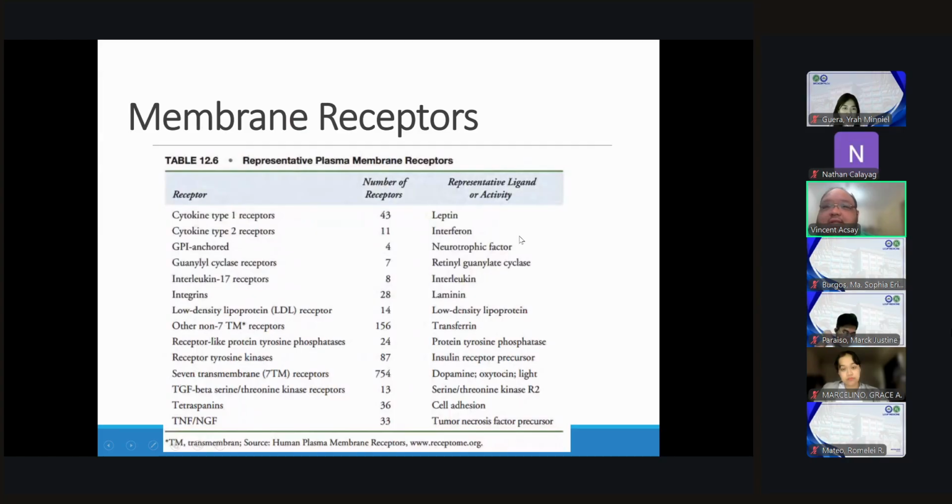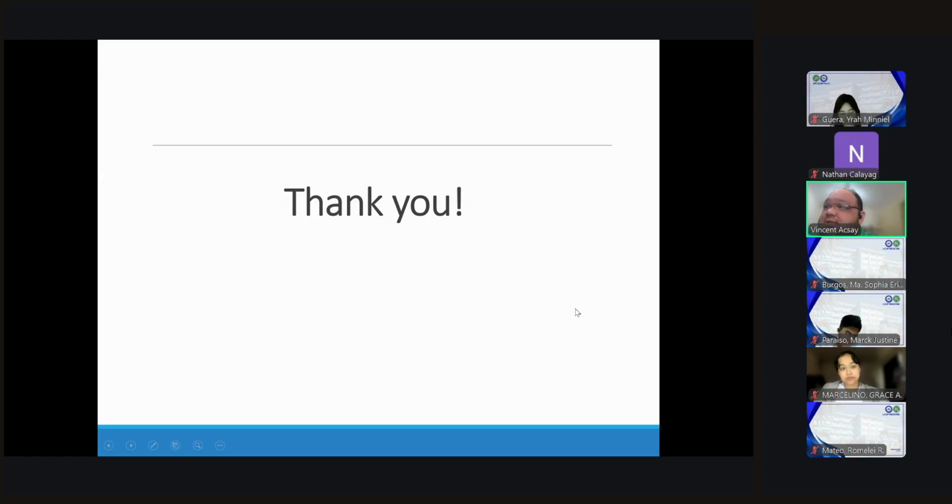So again, this is just another table that shows different kinds of receptors, that there are multiple types of receptors for specific molecules, each with their own specific activity and or ligand. Yan. And actually, that's it.